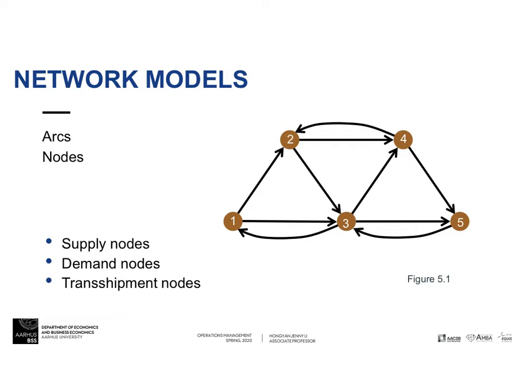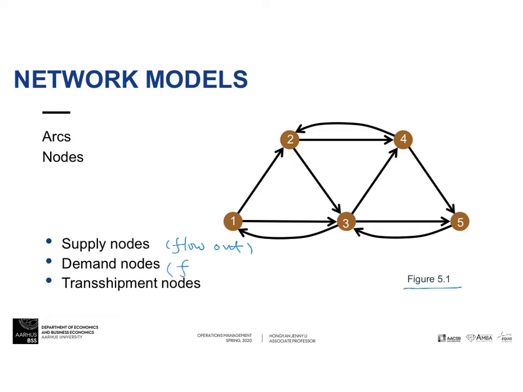So first, let's see what is network models. The networks are normally formed by the arcs and nodes. So from the figure 5.1 here, you can see these are arcs, arrowed arcs, and the brown circles are the nodes. If in the nodes there are any flow out of data or goods or items, then this is called supply nodes.